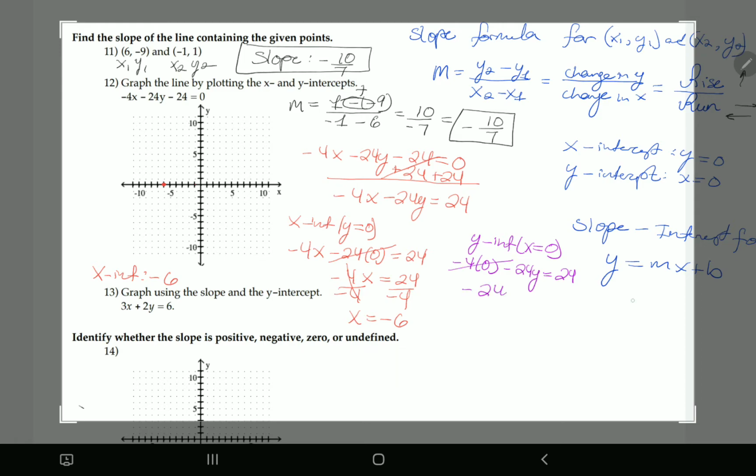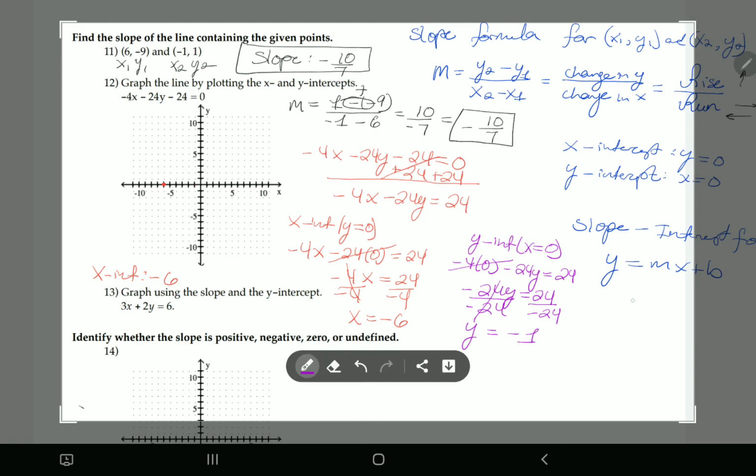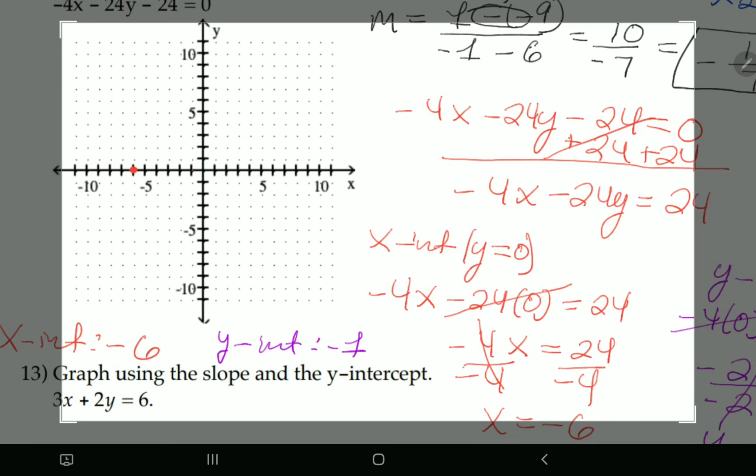Negative 24y equals 24. We're going to divide both sides by negative 24. That's gone. y equals negative 1. So on the y-axis, I'm going to put negative 1.